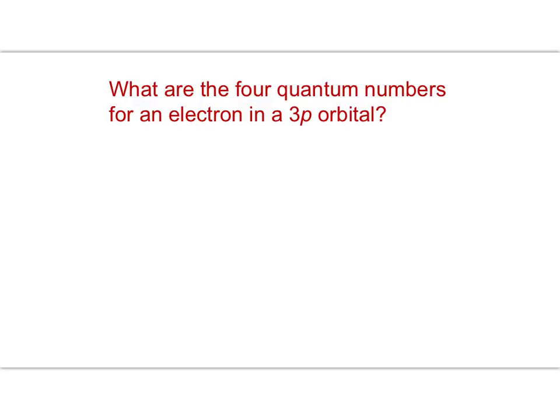So here we've got what are the 4 quantum numbers for an electron in a 3p orbital. When you see this kind of notation, the 3 tells you n. The letter tells you L. So we know those two numbers for a fact for this electron.